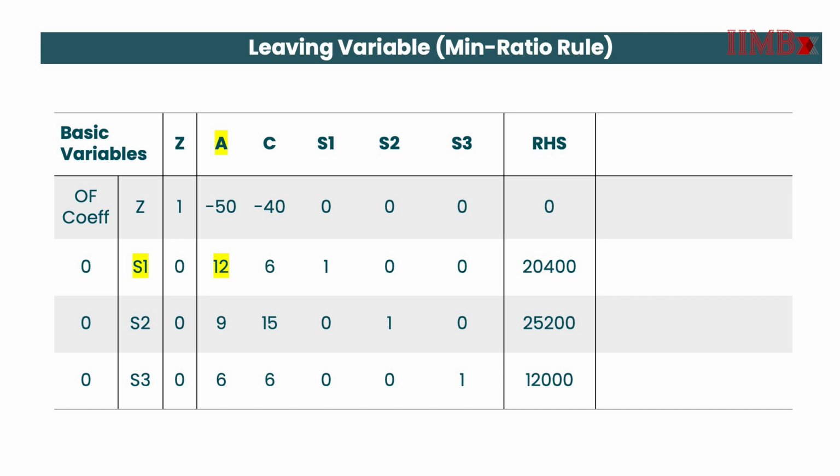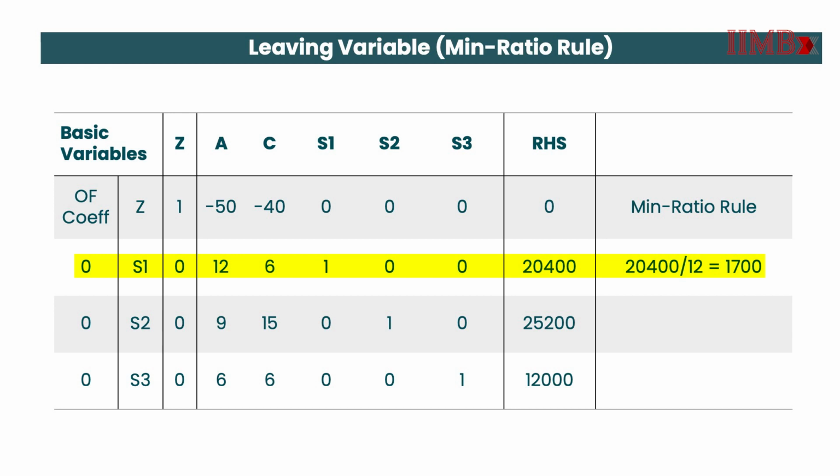Well, each unit increase in A will decrease the value of S1 by 12. And therefore, the maximum limit we can go up to would be 20,400 divided by 12. That is, the maximum value we can give to the variable A is 1700, because at that point, S1 will become 0. And if we go any further, S1 will start becoming negative, which we cannot have.